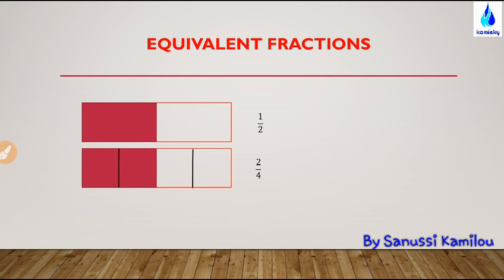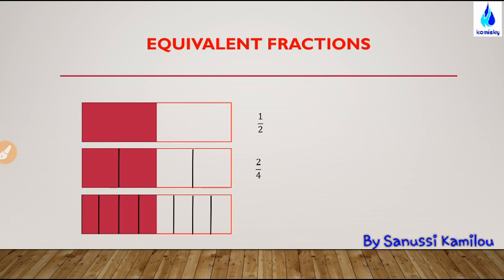2 out of 4. The same paper that we have folded, let us fold this one back. After folding this one, then we'll add another one again. We'll fold it again into another equal part. So you see that the shaded portion over here is the same as here, just that the divisions are not the same.